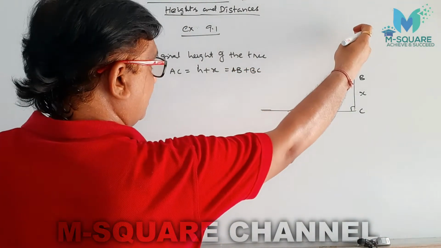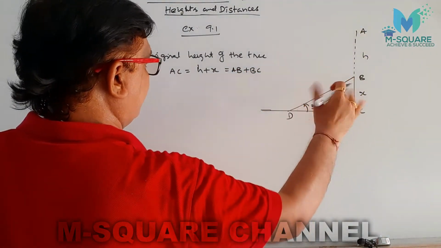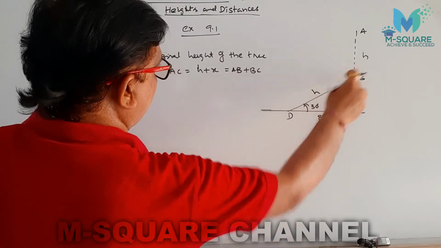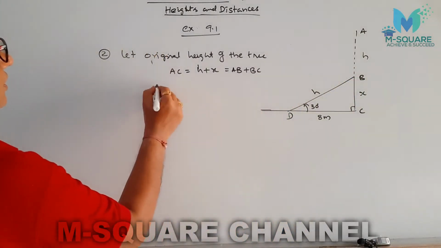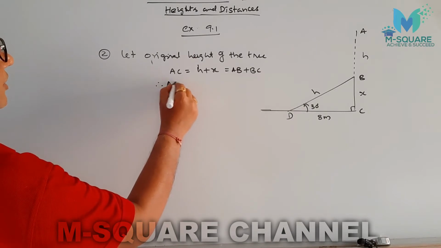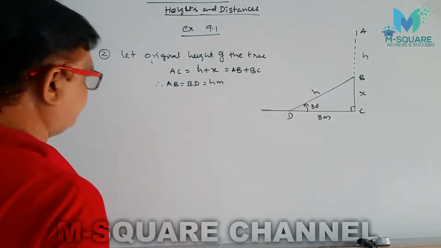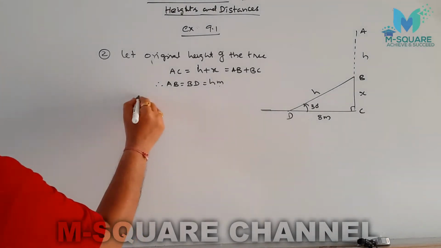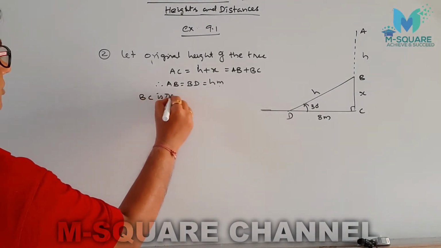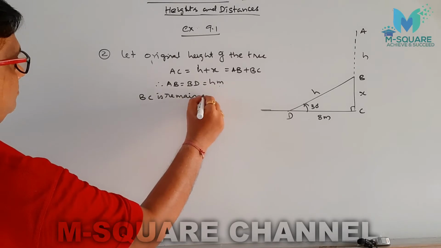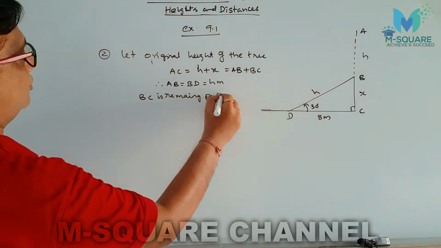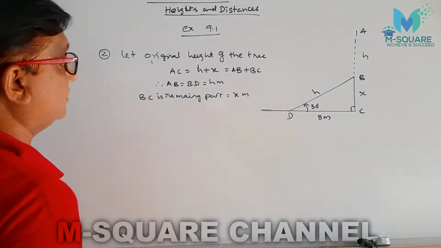That broken part and this touching part, BD, are also h. Therefore AB equals BD equals h meters. BC is the remaining part after breaking, that is x meters.